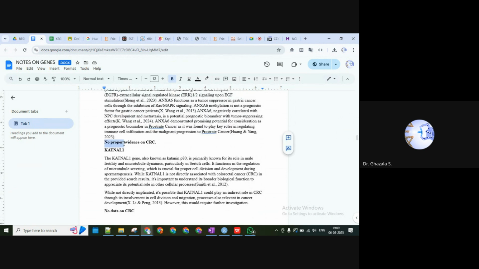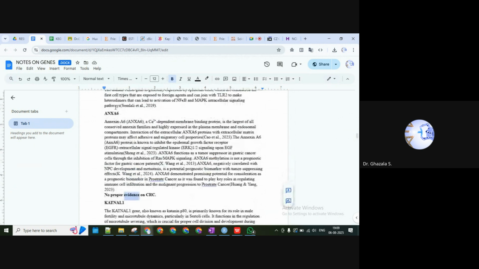Okay, so you have mentioned two terms, no proper evidence and no data on CRC. How will we differentiate these two things? Can you please mention both of them? They are the same. I just mentioned that no proper evidence is present from human colorectal cancer. So there is improper evidence, like in a colorectal cancer study they have mentioned this particular gene but have not discussed it further.